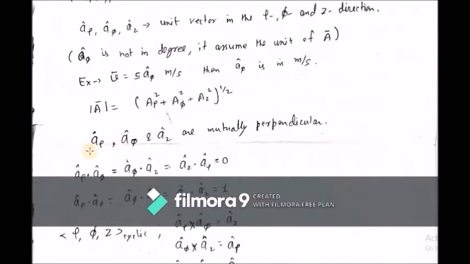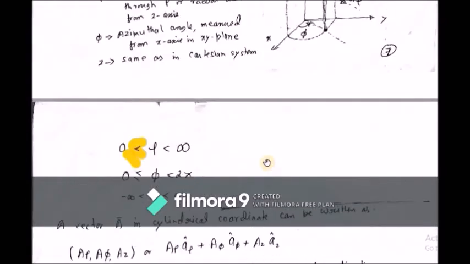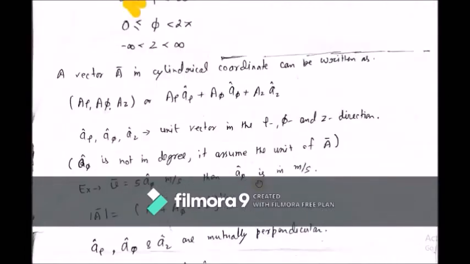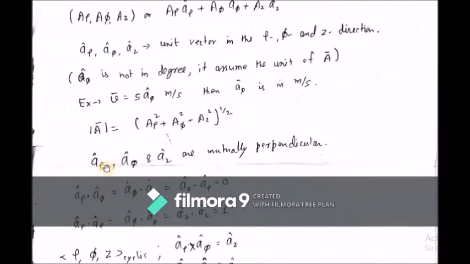Here a rho, a phi and az are mutually perpendicular. Like I said, rectangular coordinate system, cylindrical coordinate system and spherical coordinate system are orthogonal systems. So the axes or coordinates are mutually perpendicular, and here the directions are along a rho, a phi and az.